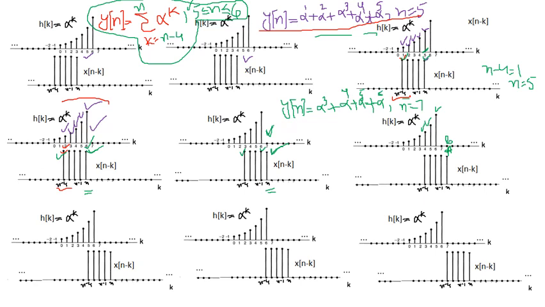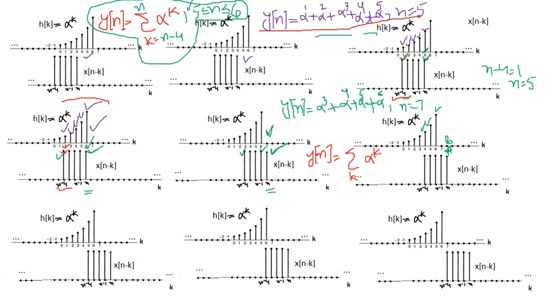Okay, so that means we can write the generalized expression for y of n, and we say y of n basically equals the summation, k running from, and this is alpha power k.